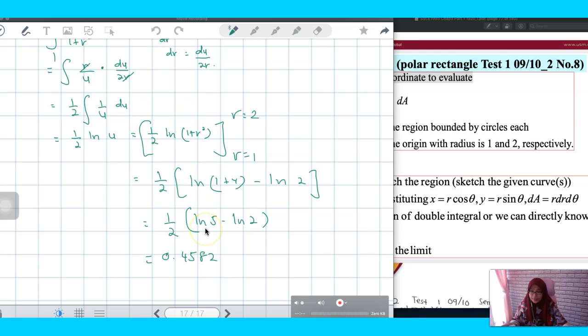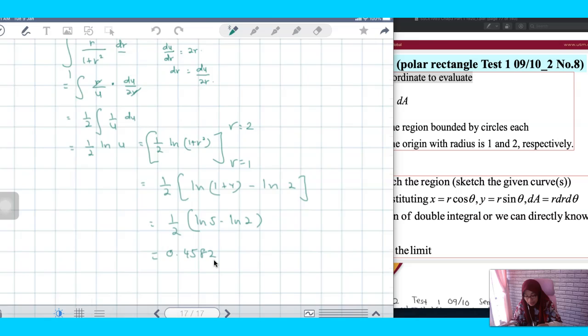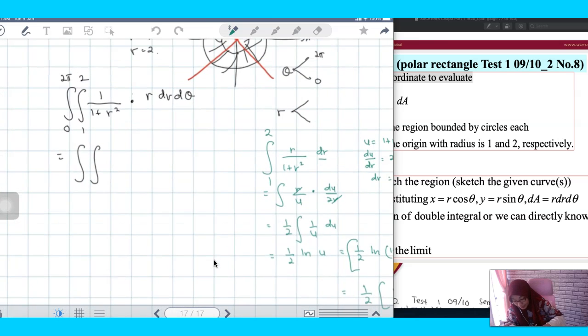When you use a calculator, always leave your answer in 4 decimal places. If they specify decimal places, then you have to follow. Otherwise, you just give 4 decimal places. So that is the answer for the inner integral.